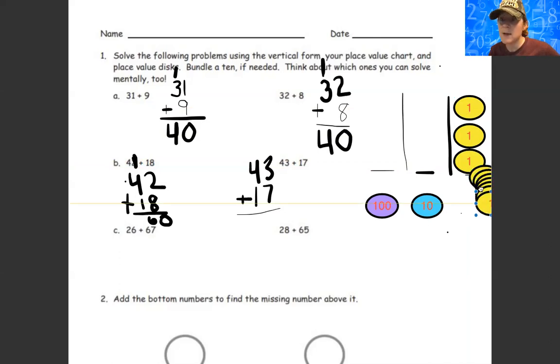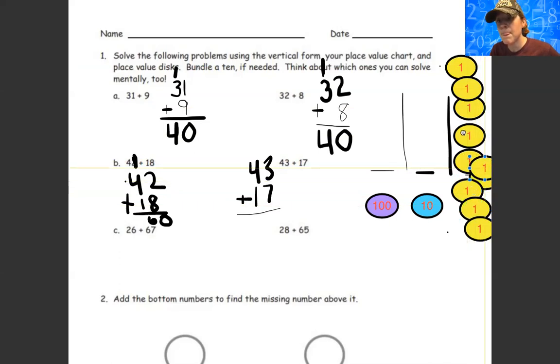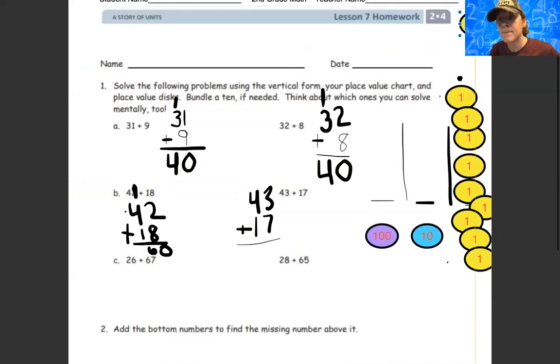How many ones do I end up having? Count them all. Let's just space them out enough that we can count them. Okay, we have 1, 2, 3, 4, 5, 6, 7, 8, 9, 10.